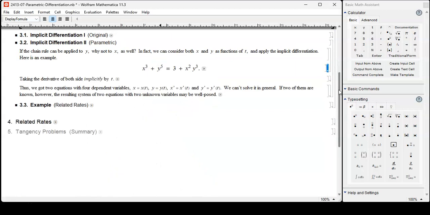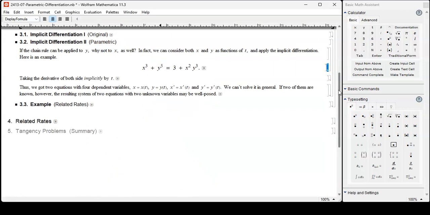Now, let's consider both x and y are functions of t. t is typically the time variable. Some people call it a parameter, but I'd prefer to call it an independent variable. Now let's take the derivative with respect to t implicitly. In that case, what happens?